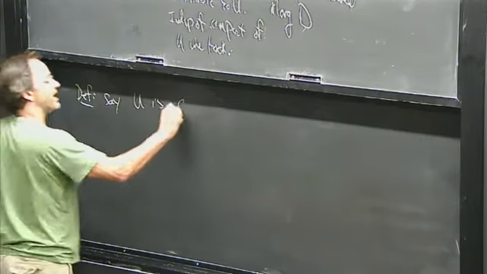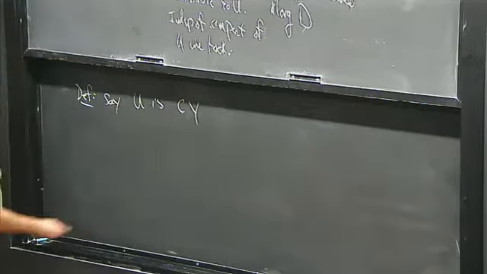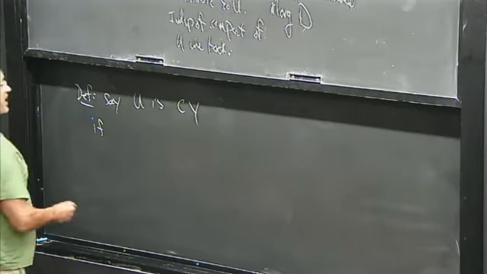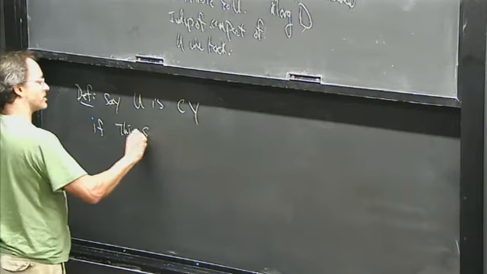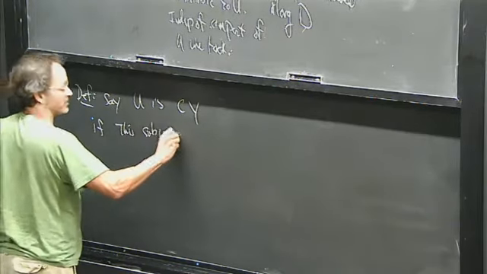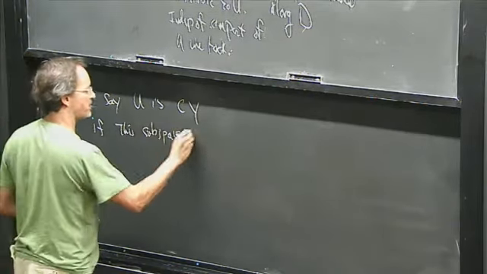The definition is that I'll say that U is Calabi-Yau. It should really be log Calabi-Yau. If this space is one-dimensional, generated by a volume form.